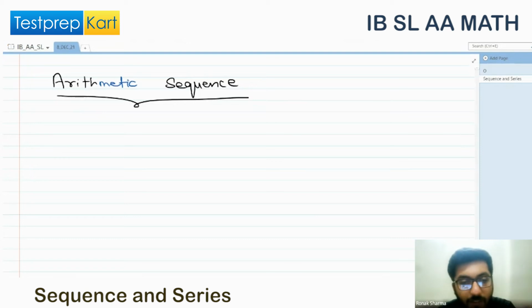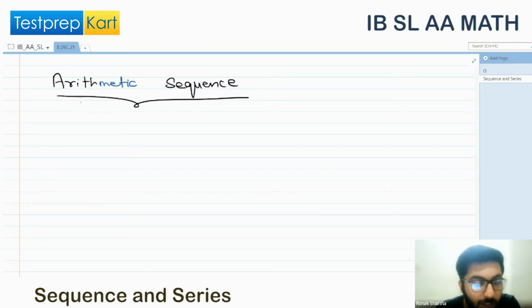Now we have learned the concept of general sequences. Now we're going to study the special kinds of sequences. So we have two kinds of sequences in our syllabus. One is the arithmetic sequence and another one is the geometric sequence. First we are learning the arithmetic sequence.